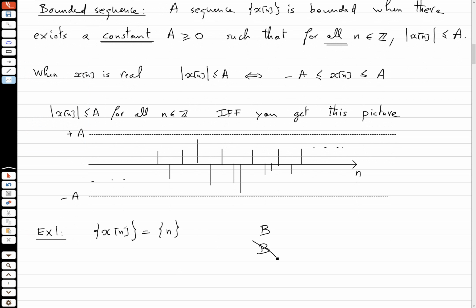How many of you vote this is a bounded sequence? How many of you vote this is not a bounded sequence? I always like to do that. But okay, those who said not bounded, can you tell us why it's not bounded?